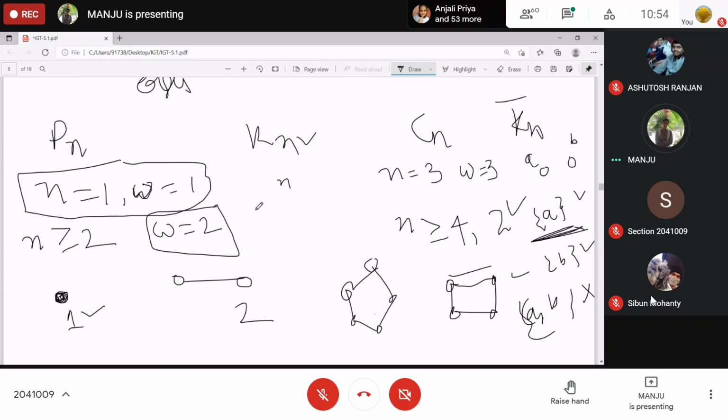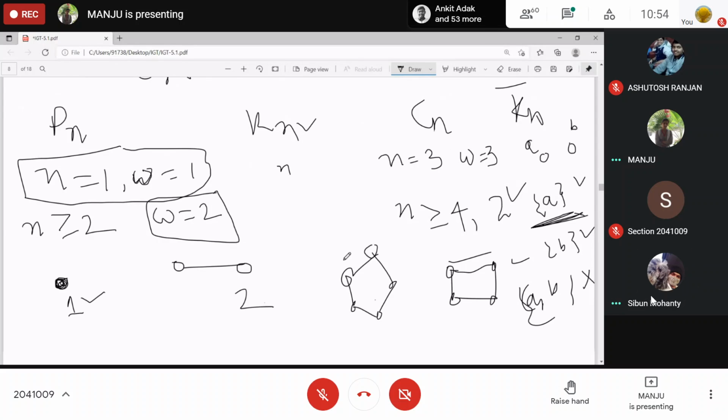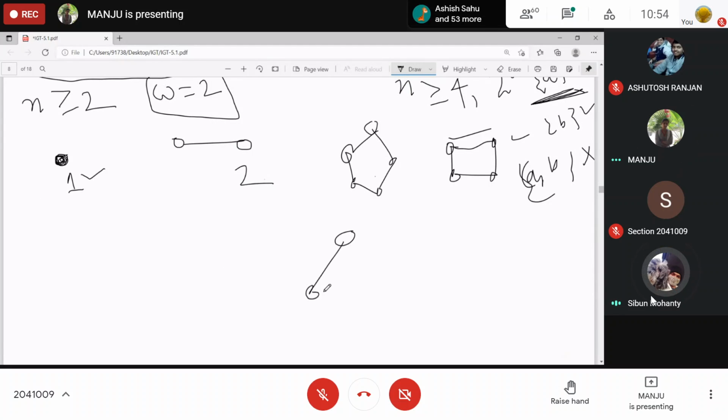Ma'am, how is omega of C3 equal to 3? C3, yes, ma'am. Because its structure says how many maximum pairwise adjacent vertices there are: AB, B comma C, C comma A. Can we take A, B, C at a time?